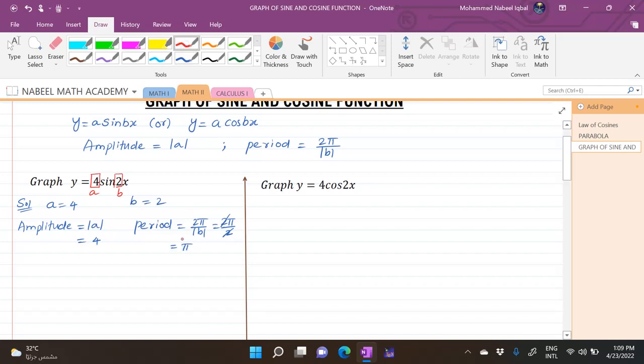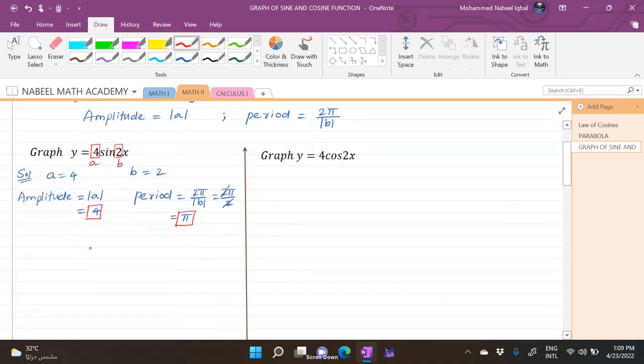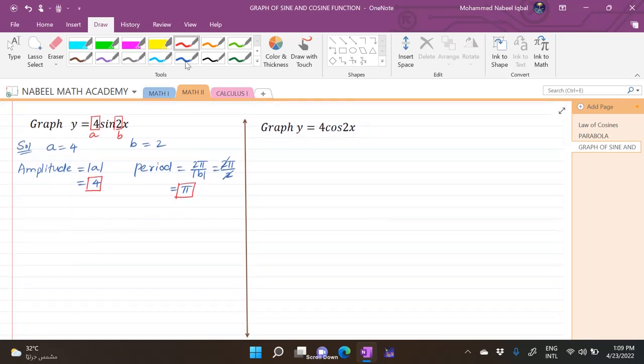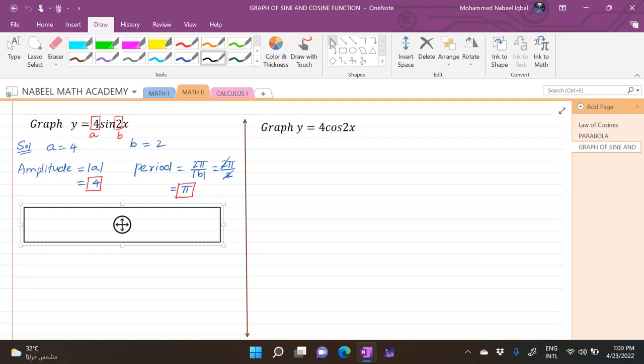So I got the period and the amplitude. Now we have to start the graph of the function. Usually we make a schedule first and then draw the graph, but here we can draw without doing the schedule.